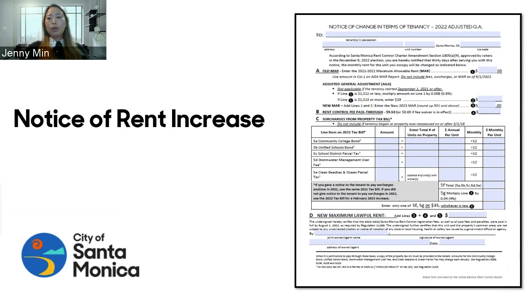And when we add up all the lines, then we get section D, which is the new maximum lawful rent. Okay, so this form specifically is for the adjusted GA for 2022, and so there will be an updated version of this for the increase in September.